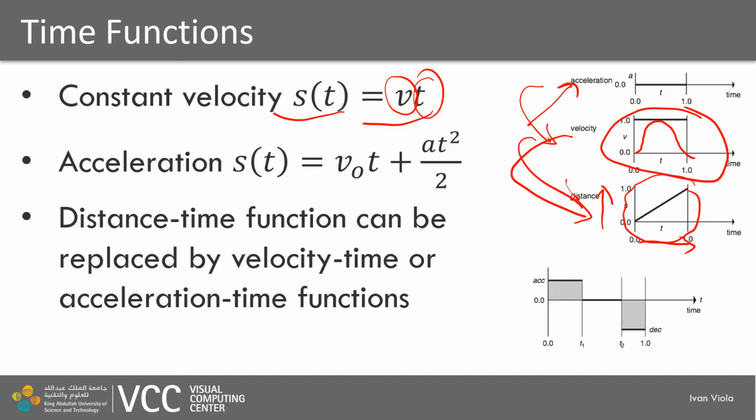And if acceleration is in place, so there is not a constant speed, then we can slightly change the formula: the arc length is the initial velocity times time plus the acceleration term, where we see that the time is raised to the power of 2.